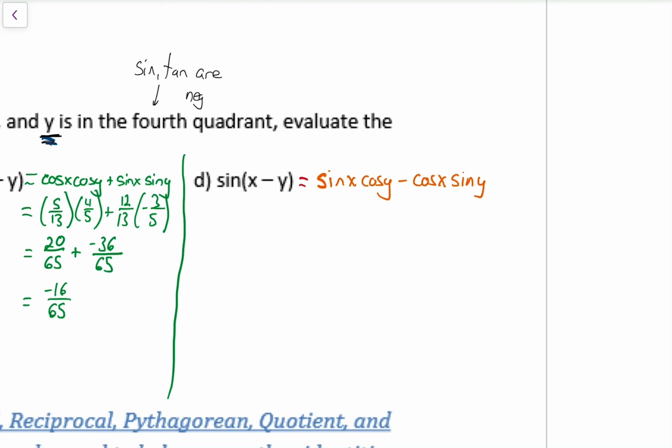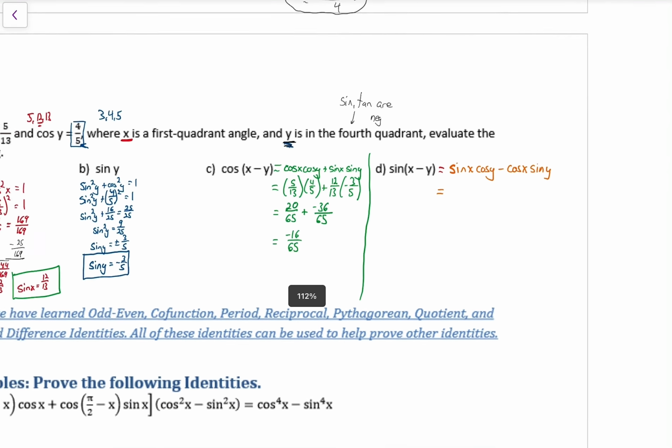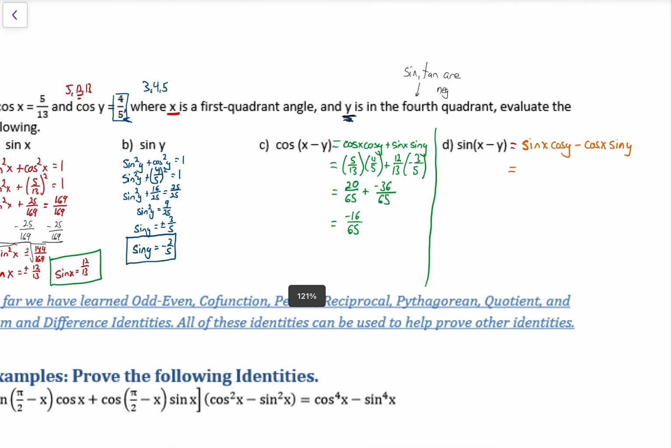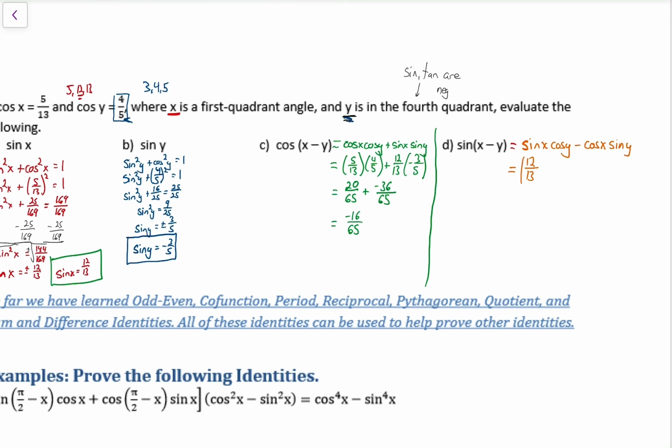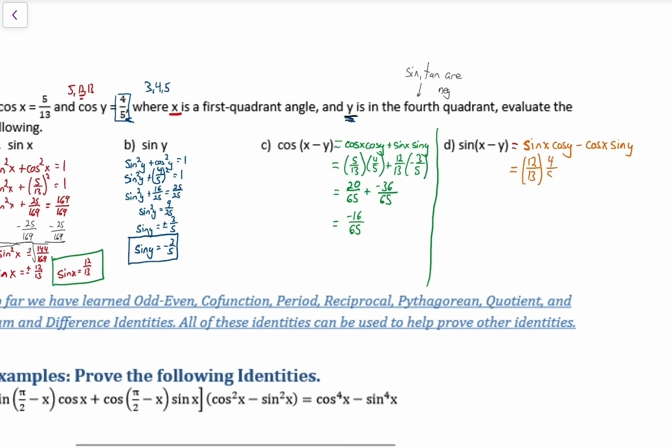And we have all these values from the directions or from part A or B. So let's get all those on the screen. Sine x, kind of the bottom left there, sine of x is 12/13. Cosine y, that's from the directions, that was 4/5. Minus cosine x, also from the directions, so 5/13. And sine of y, that was from part B, that was negative 3/5.